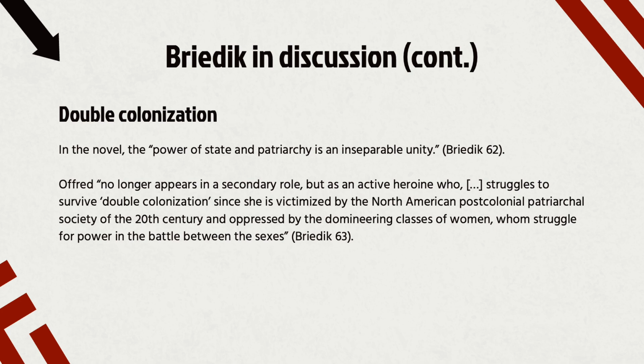With this in mind, Bredick argues that Offred is not only subjugated by the governing theocracy at a societal level, but also at a communal level by other women in the social hierarchy she experiences. Through surveillance, the women are put at odds with each other as a secondary set of surveillance and maintenance.